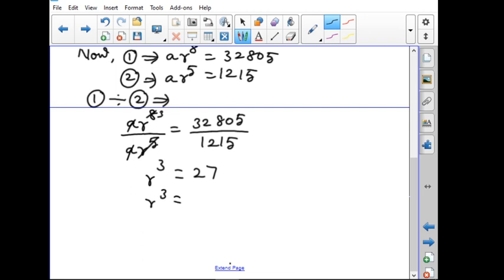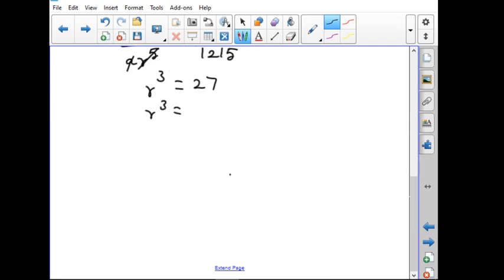We can write 27 as 3 power 3. The powers are the same, so we take the base. So r equal to 3. Therefore r equal to 3, the common ratio.